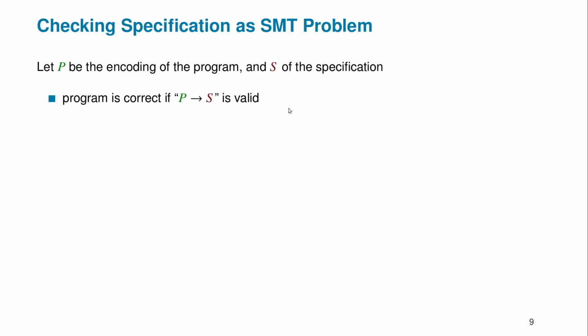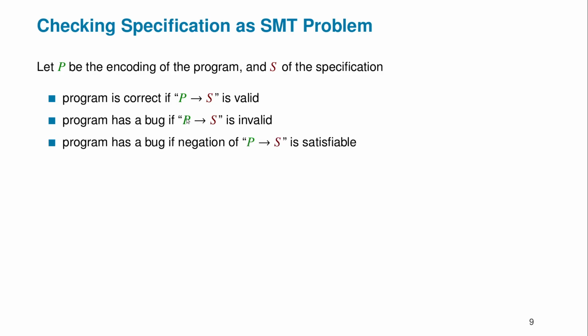So what can we do now? We can use this trick with the negation in order to transform the validity checking problem into a satisfiability checking problem. So we can say that a program has a bug if P implies S is invalid. Yeah, so P implies S has a counter model.